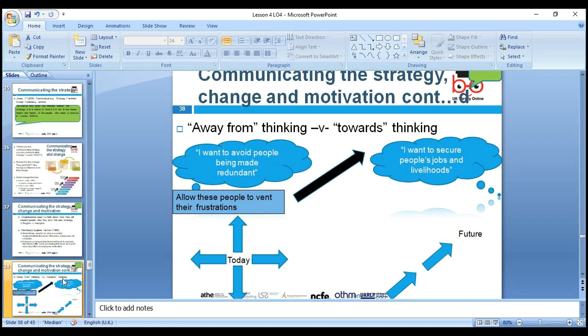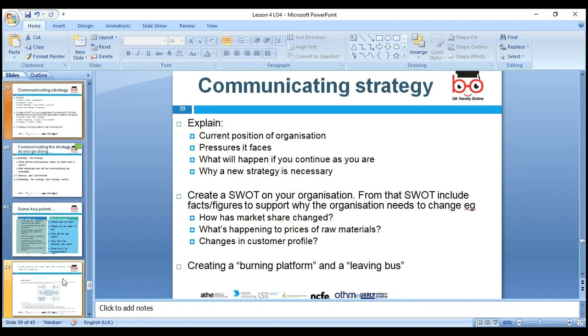So communicate the strategies, the change, and motivation. We can look at moving away from thinking towards thinking, so we need positive thinking in place in our organization. Communication strategies, we need to explain. We can do a SWOT analysis in our organization.